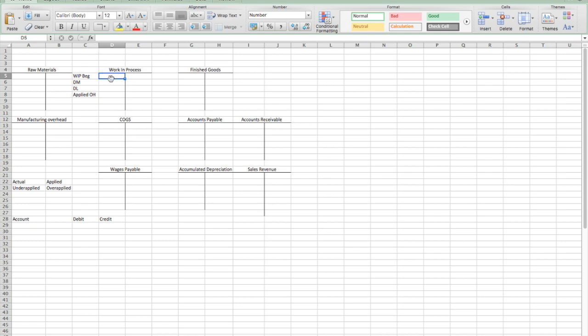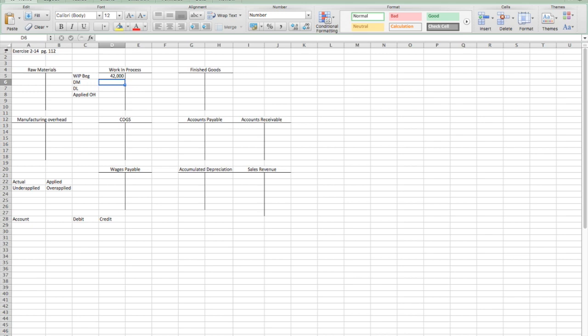So this is exercise 2-14, just so you know, and this is on page 112 in the textbook. And it says the beginning balance of work in process is $42,000. So that's going to be a debit balance of $42,000.